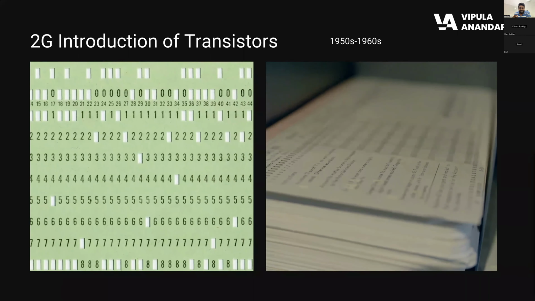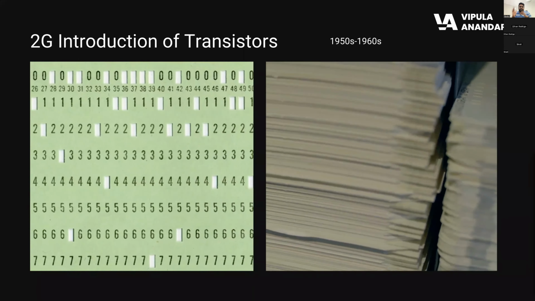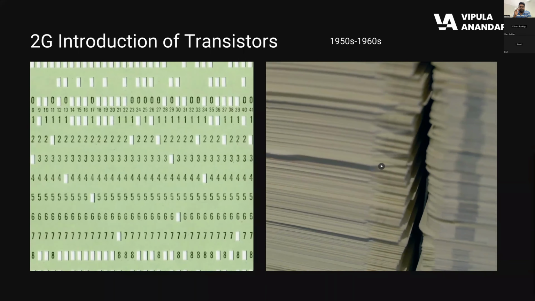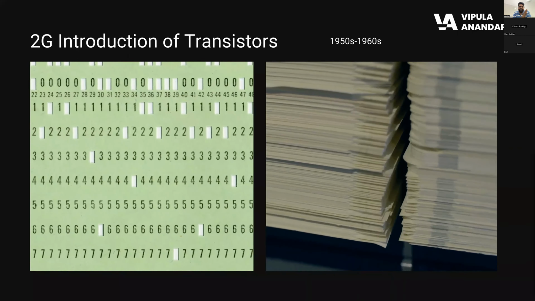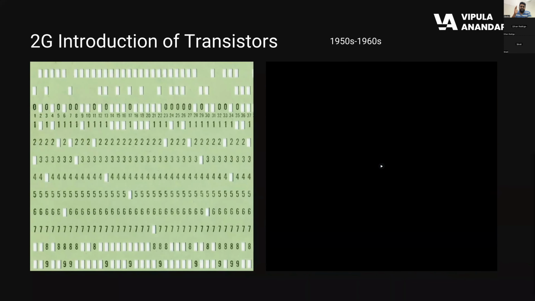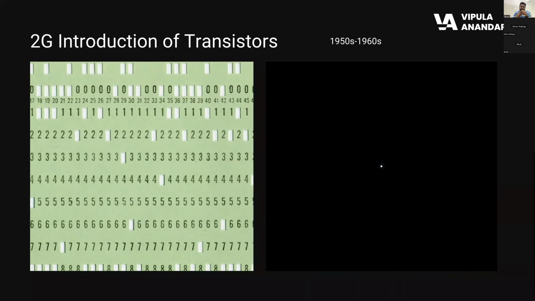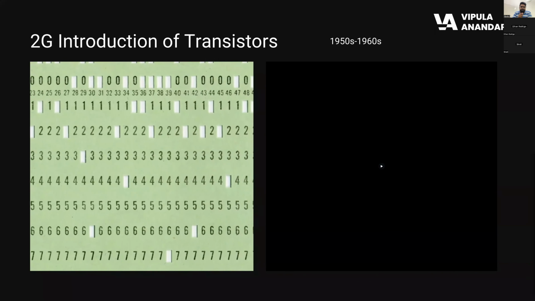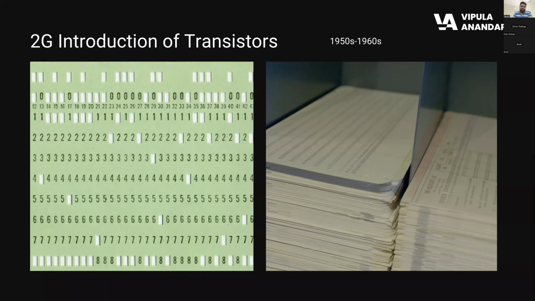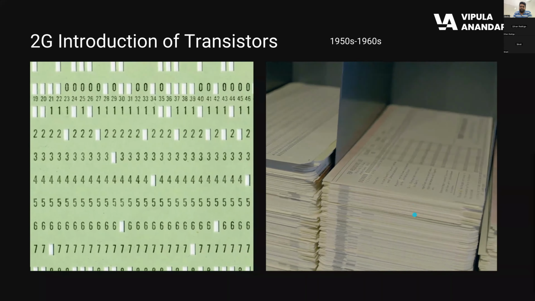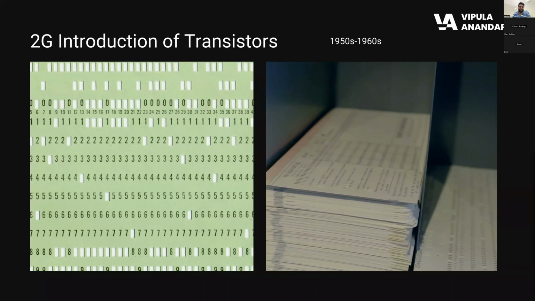You take a card, and in that card you have a set of numbers, like binary numbers, a number sequence. In that number sequence, you literally punch the card, and then you feed it into a reader, where the reader literally reads these empty spots and converts that into an instruction set.